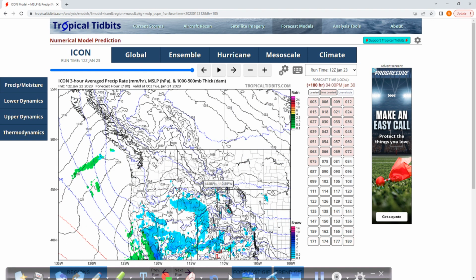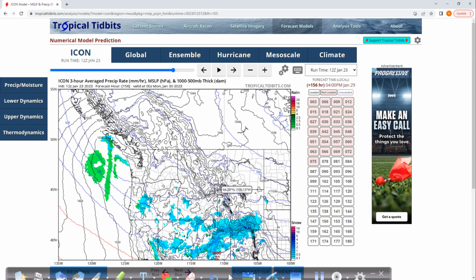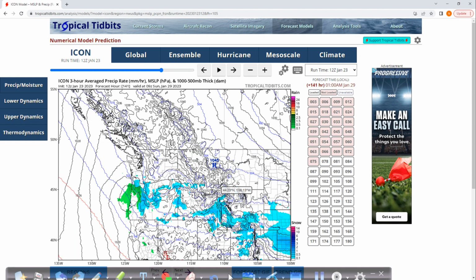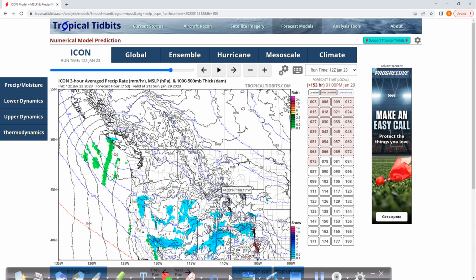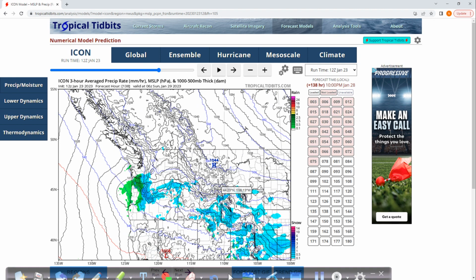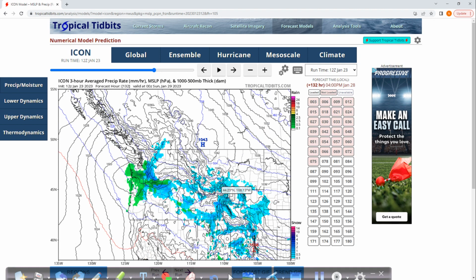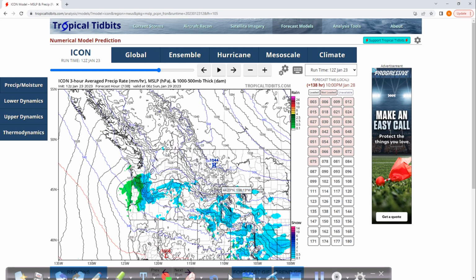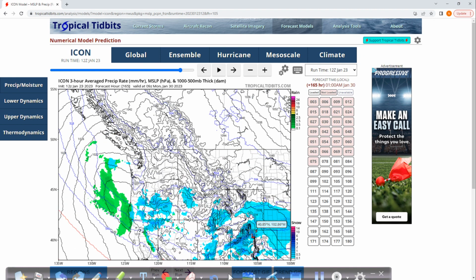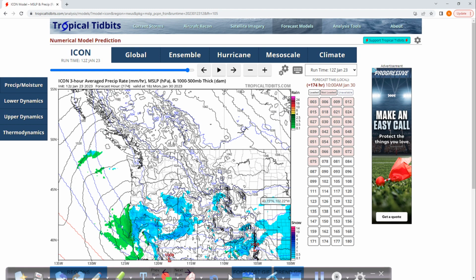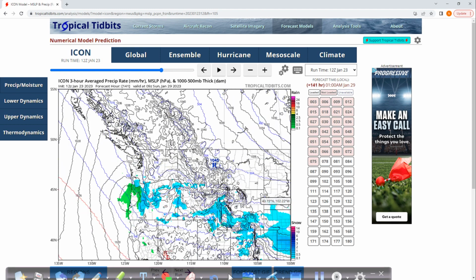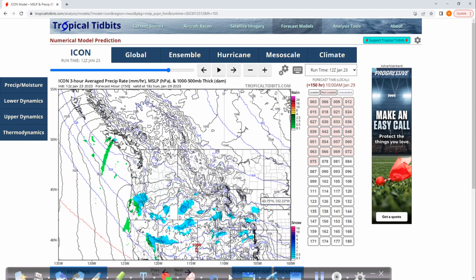So if it does not change over right away Saturday evening, then we might see just a little light snow at the very tail end of this early Sunday morning. But if it does change over a little sooner, we could get a couple inches of snow here on Saturday night in the Portland area, from Olympia down to Salem or so.